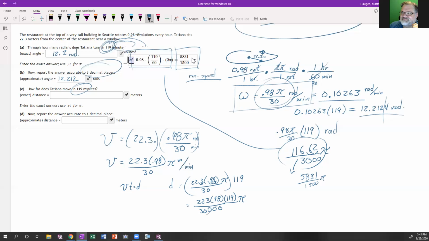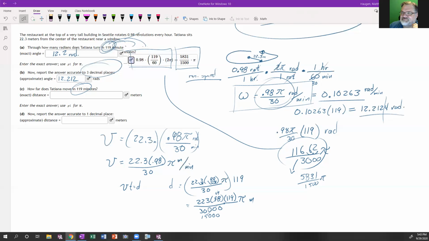You can reduce that and that a little bit anyway. That's 49, and that turns into 15,000. So 49 times 223 times 119 over 15,000 pi meters is your exact answer. And it does say it wants that exact answer.